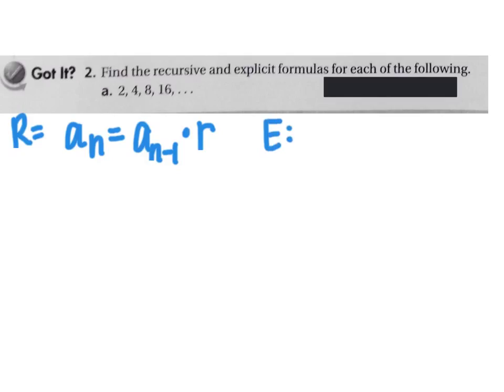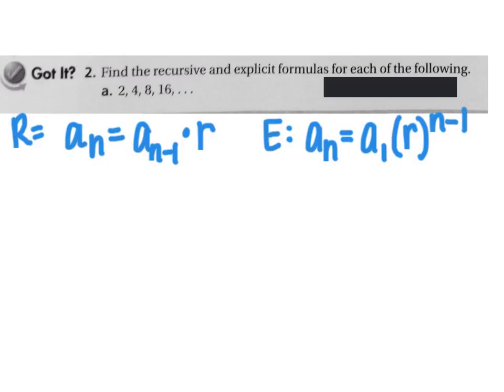Alright, for got it number 2, I want you to write me the recursive formula and explicit formula for this. So I'm going to write you the little formulas for it. The recursive is A sub N equals A sub N minus 1 times R. And the explicit is A sub N equals A sub 1 times R to the N minus 1 power.